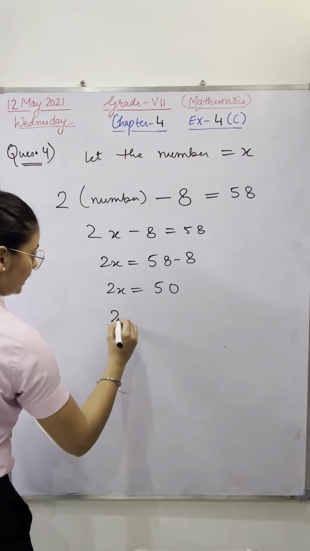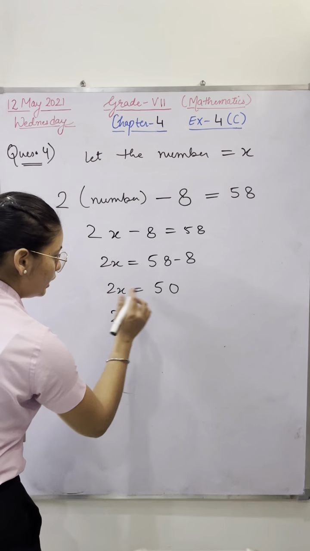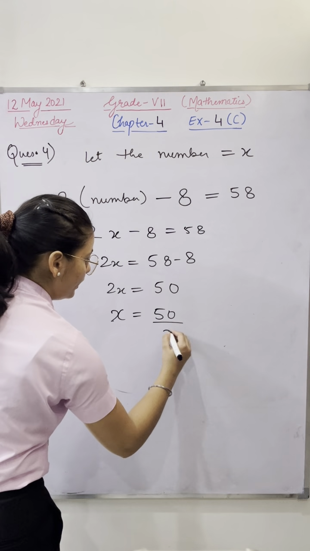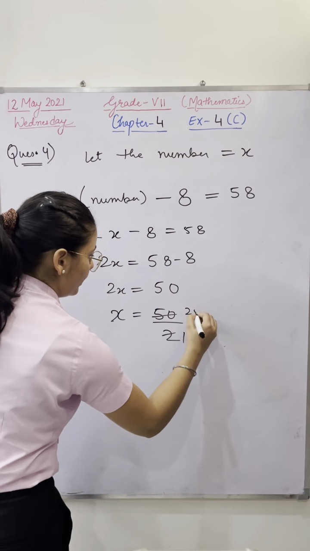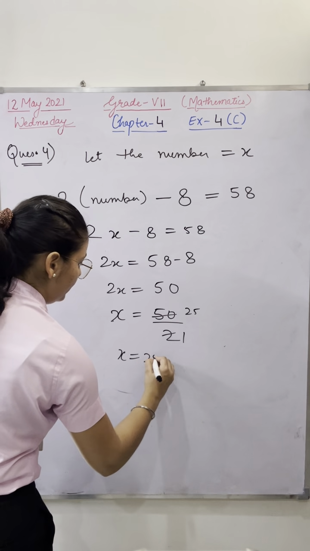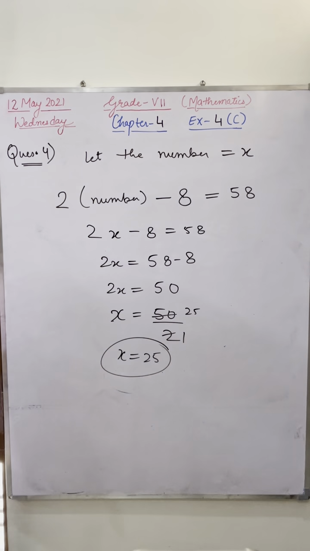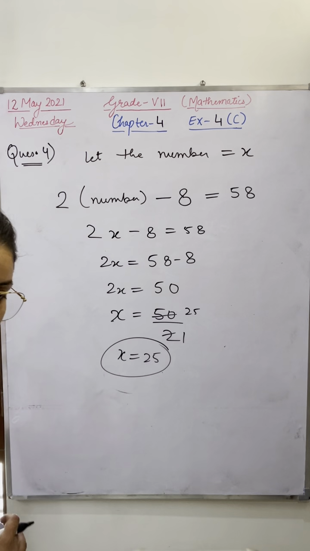Then x will be equal to 25, as 2 will go in division. 2 twenty-fives are 50. So x is equal to 25. This will be your answer. Any doubt?